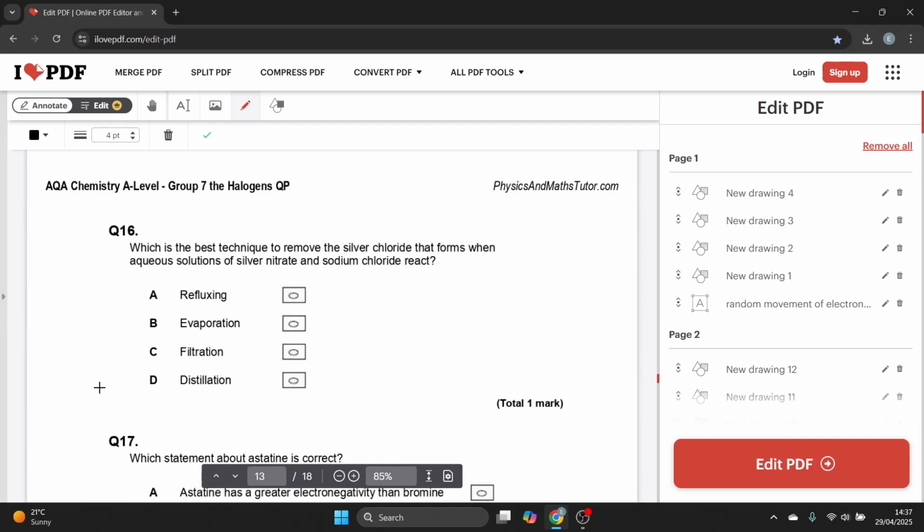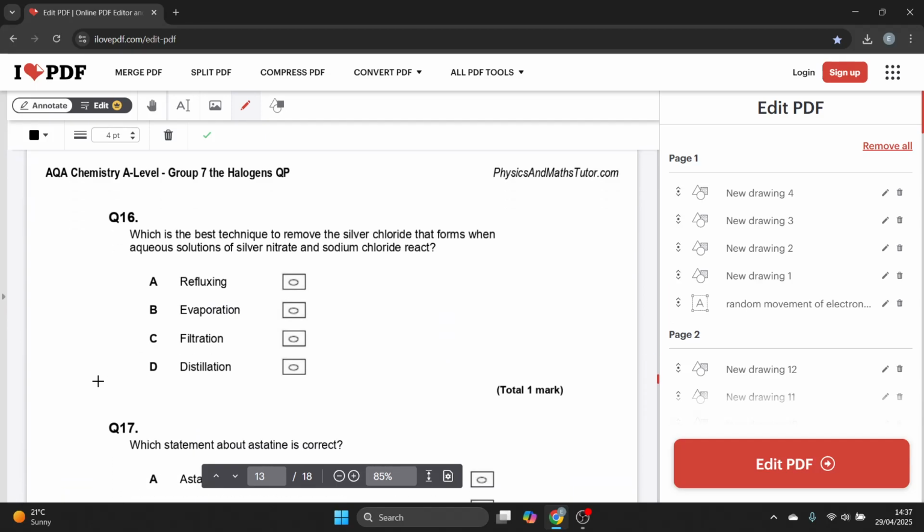Which is the best technique to remove the silver chloride that forms when aqueous solutions of silver nitrate and sodium chloride react? So sodium chloride, NaCl, plus silver nitrate, AgNO3.